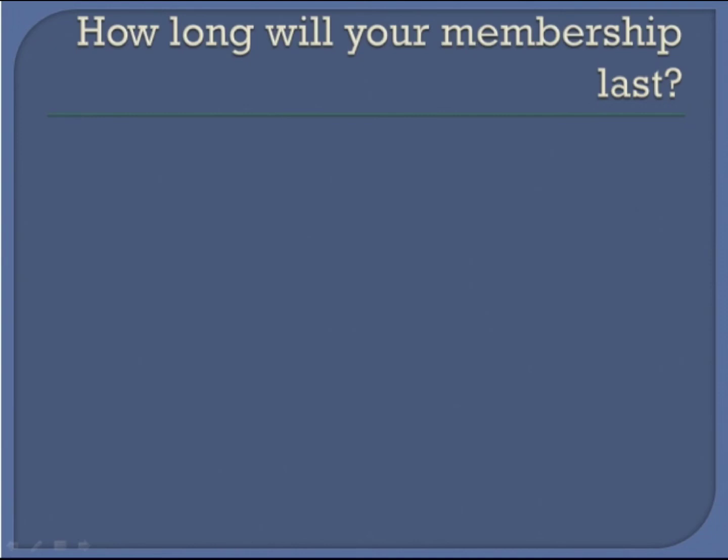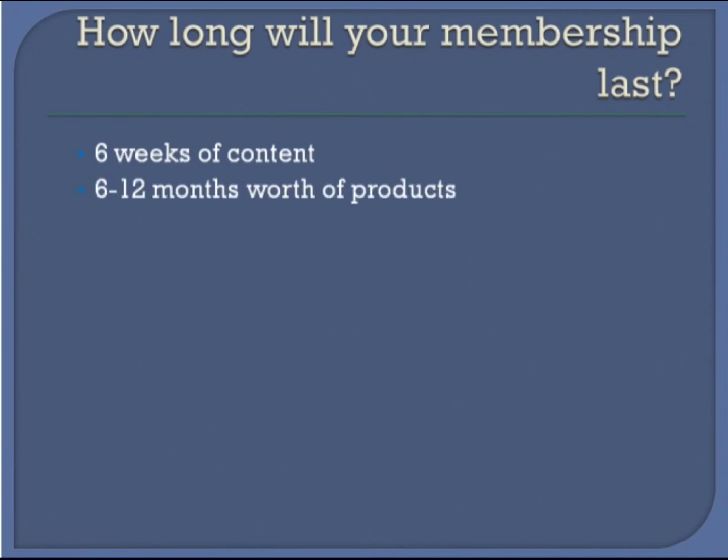Then you're going to need to know how long your membership site will last. What you can do initially is gather all the content and see how much content you have and what kind of content you might need to add. That will tell you how long your membership site will realistically last. You could have 6 weeks of content, you could have 6 to 12 months worth of products.